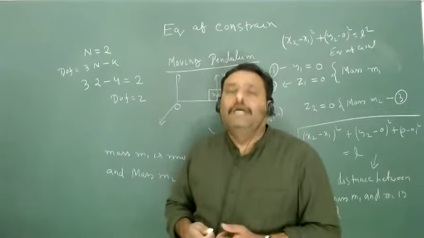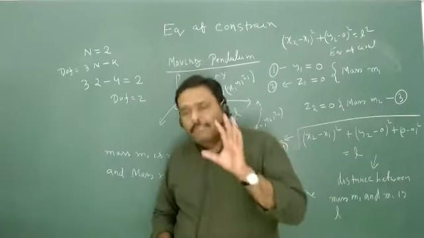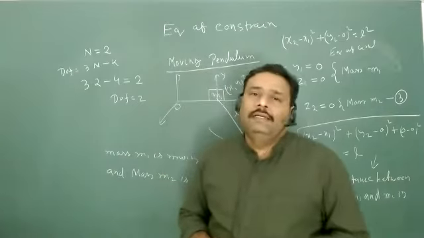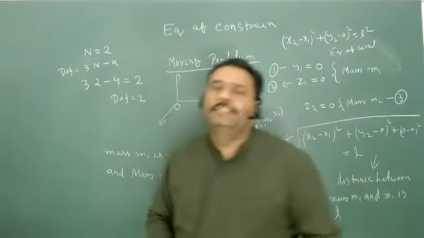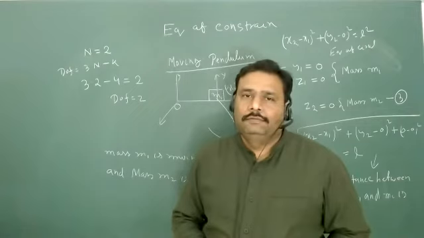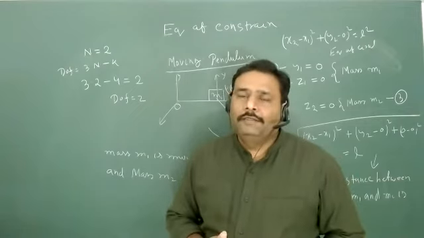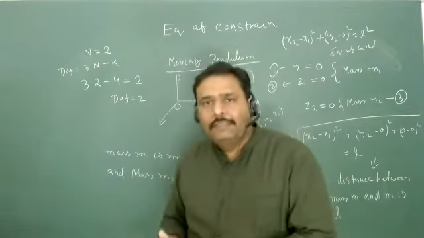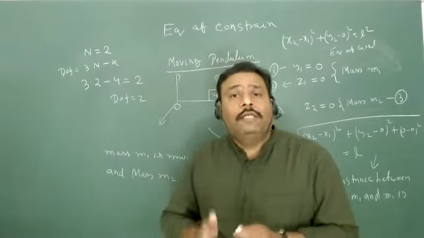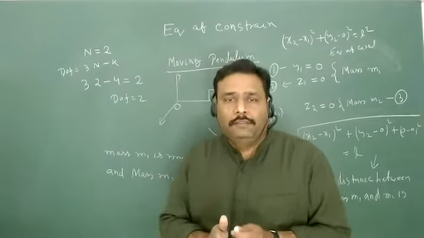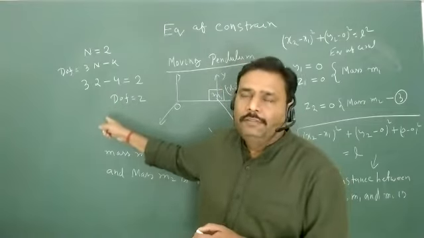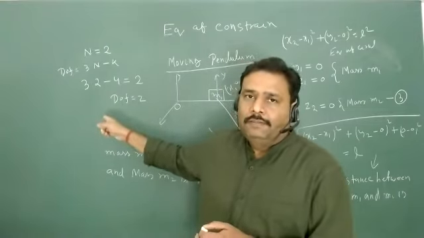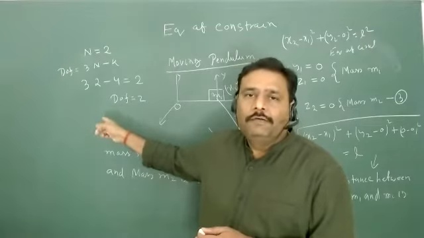Okay, listen to what I am explaining: why we need coordinate transformation. Are you getting my point? Cartesian coordinates are mathematically a very good thing, because they give you your degrees of freedom. It will give you what the degrees of freedom are.